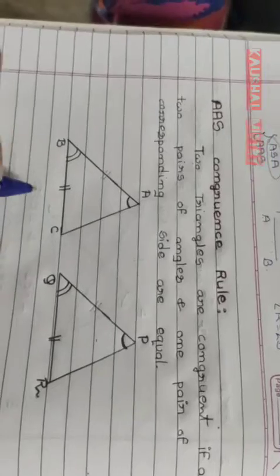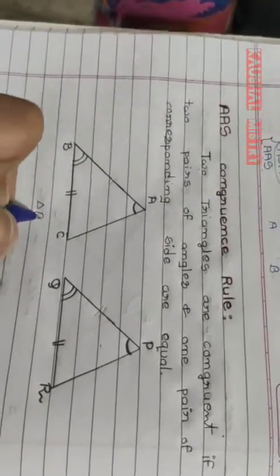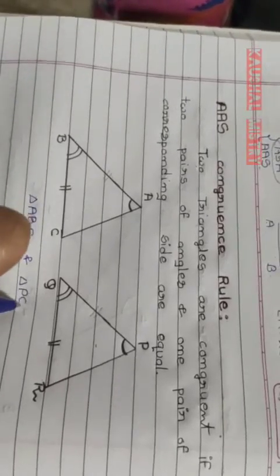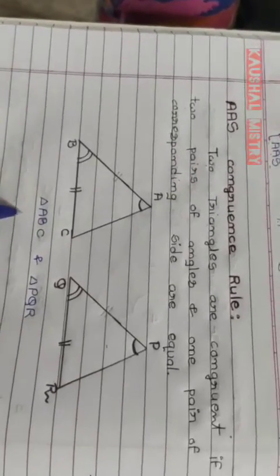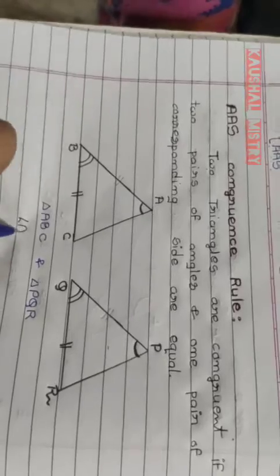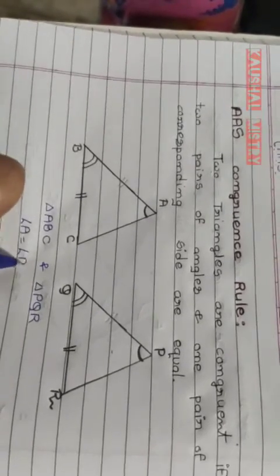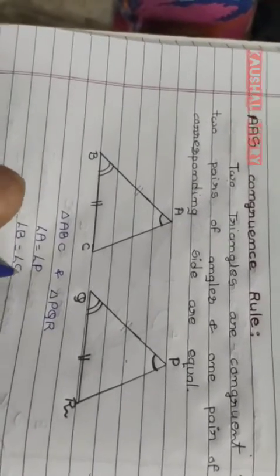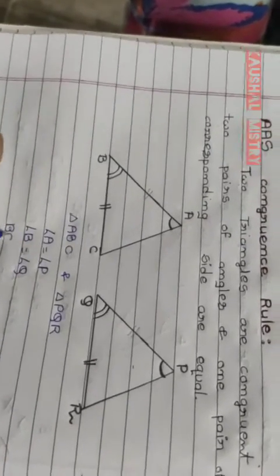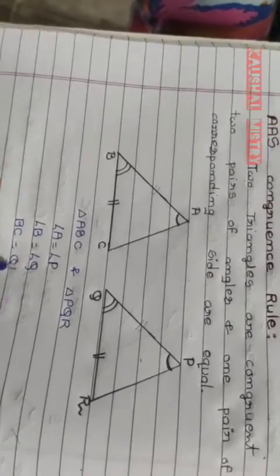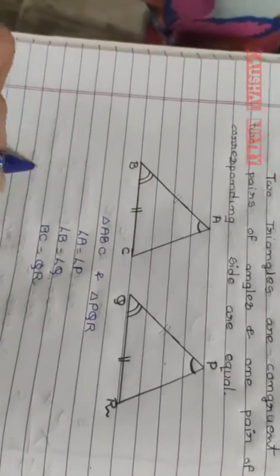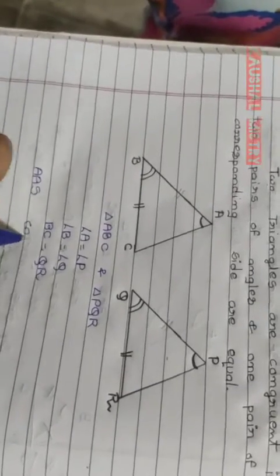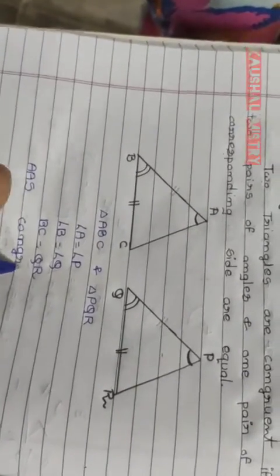Now we can see that in triangle ABC and in triangle PQR, angle A is equal to angle P, angle B is equal to angle Q, and if BC is equal to QR, then we can write by AAS congruence rule, these two triangles are congruent.